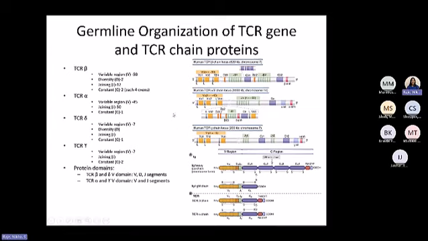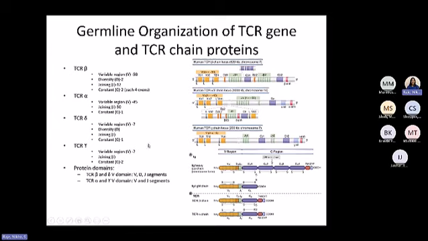This is just going over the same thing for TCR alpha and beta: multiple V, D, J and constant regions that are possibilities for them to make the final segments. And then for gamma delta, similarly, there are all these regions for each of these molecules.